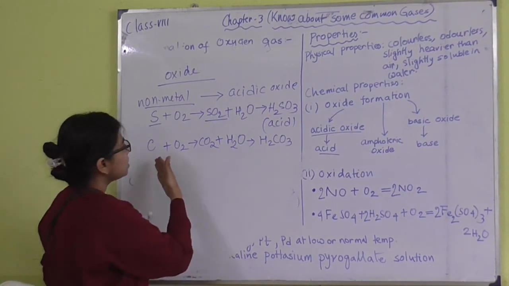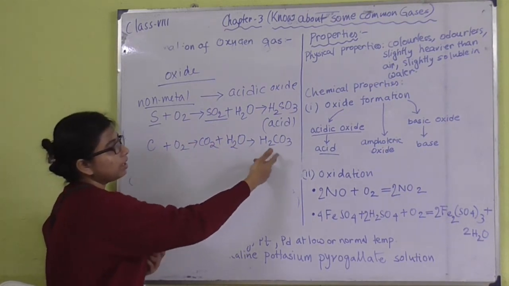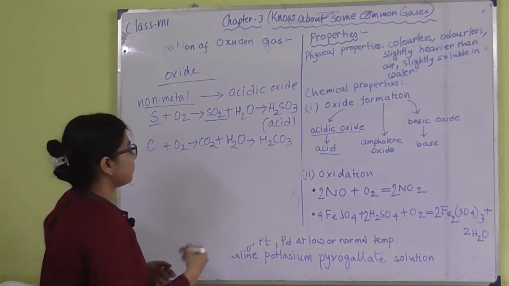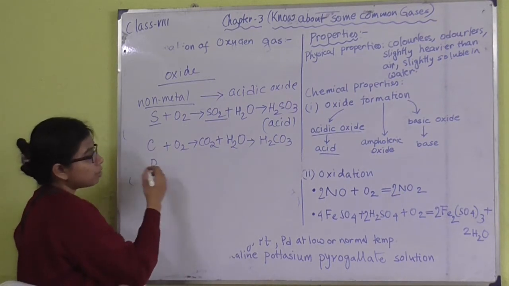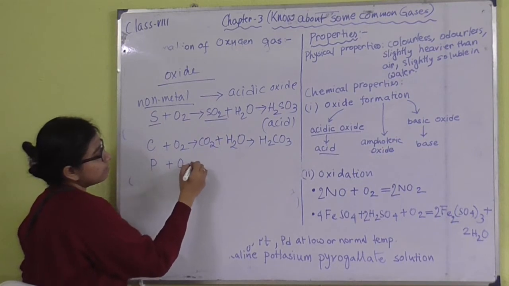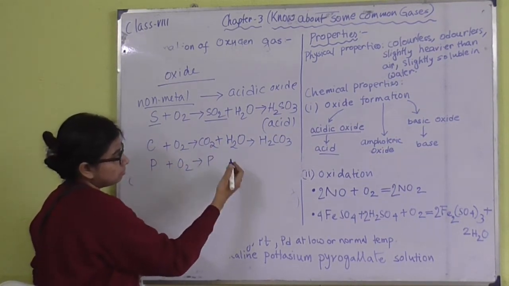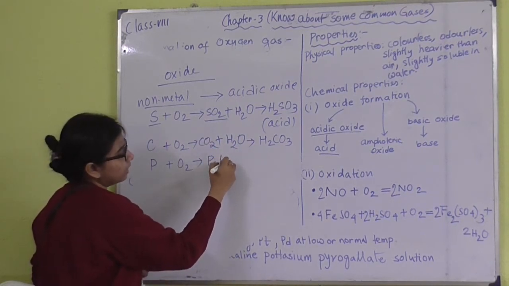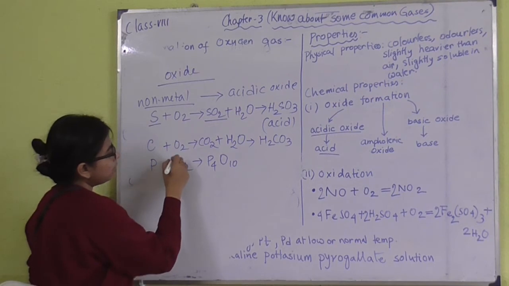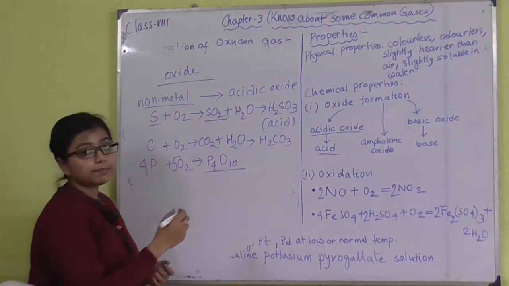So, this is non-metal plus oxygen giving an acidic oxide, and with water it will give us acid. Next example: suppose we take phosphorus with oxygen, it will also give us an acidic oxide. This is P4O10. This is phosphorus pentoxide.